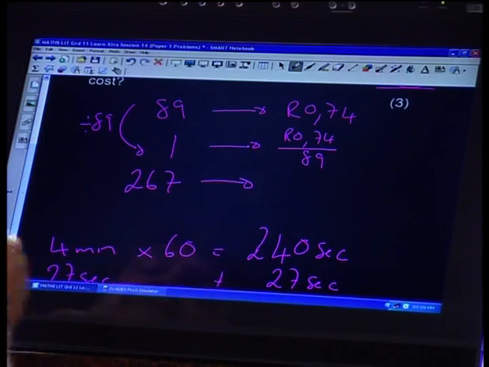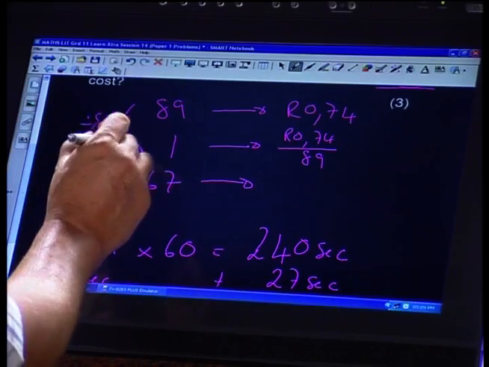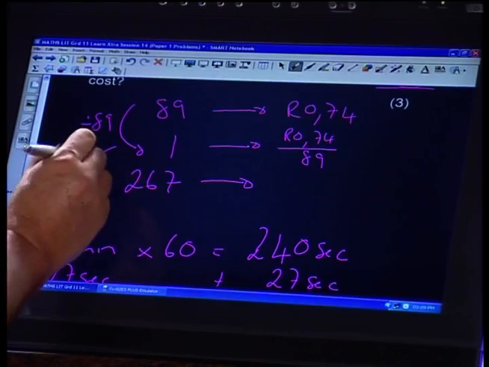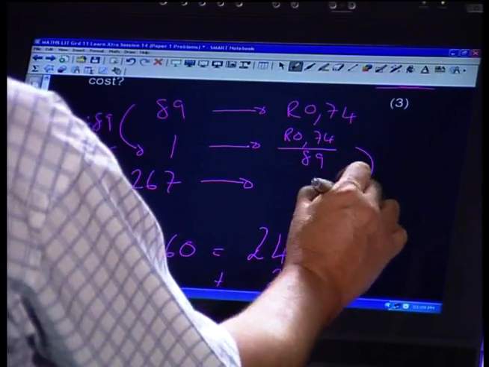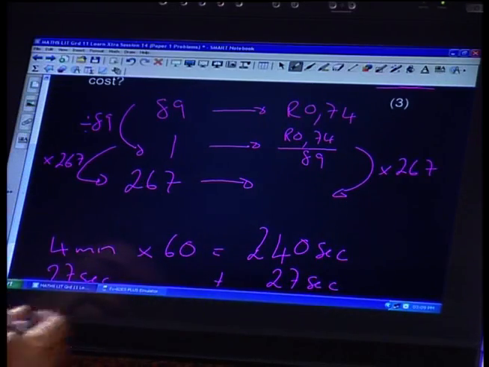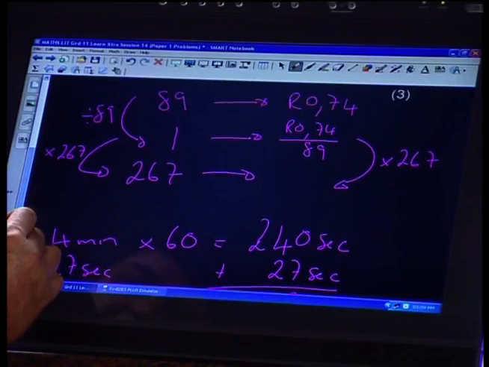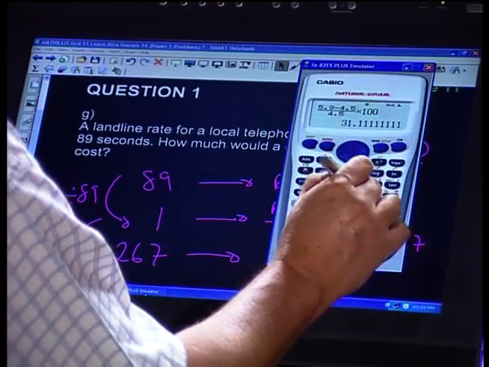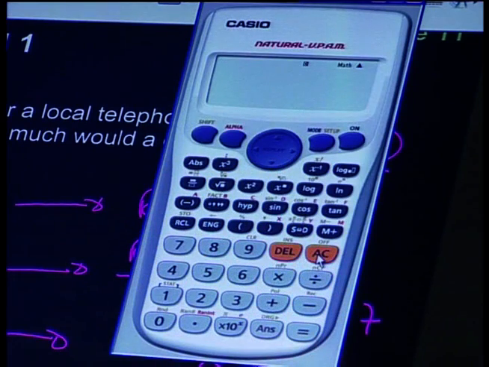So now, 267 seconds, how much is that going to cost me? Wait, how did you get the 1 to become 267? You multiplied by 267. And because I'm multiplying by 267, I'm going to do the exact same this side, multiply by 267. So our calculator's got to do all that work for us. Okay? Let's just clear the calculator quickly.